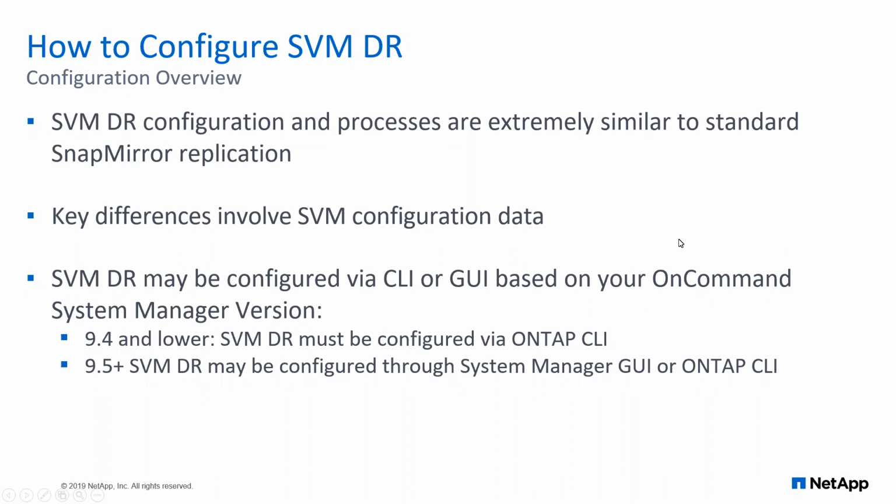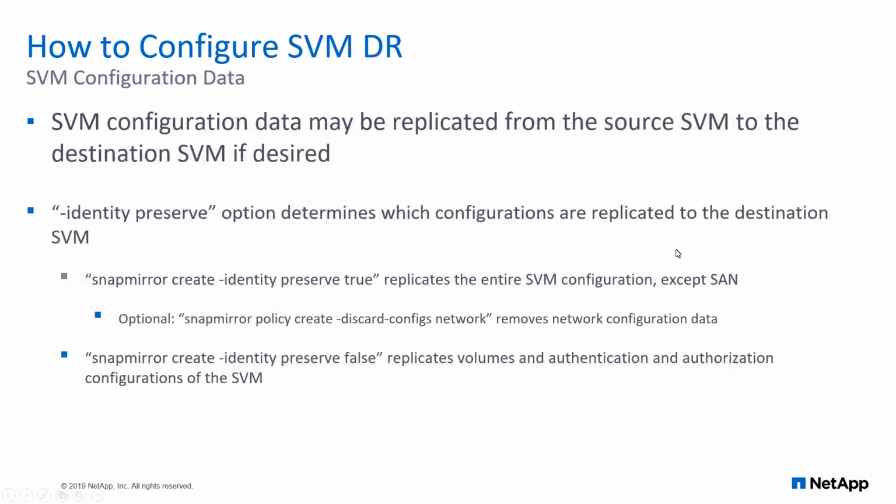Anyway, so the most important thing to know about configuring SVMDR is that you're going to have to deal with that SVM configuration data. You can replicate it from the source to the destination, or you could replicate only some of it. So the key option to know here is the identity preserve option.